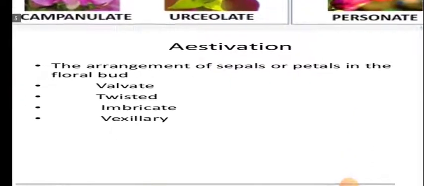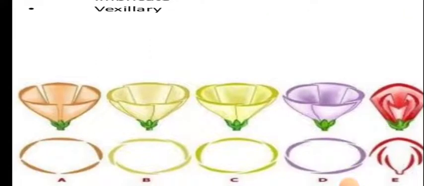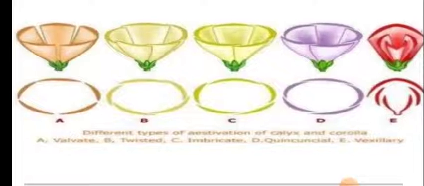Then most important part in relation to calyx and corolla is their sepals or petals, their arrangement in the floral bud condition. So there are mainly these types: valvate, twisted, imbricate, quincuncial, and vexillary. So you see these are the five types.